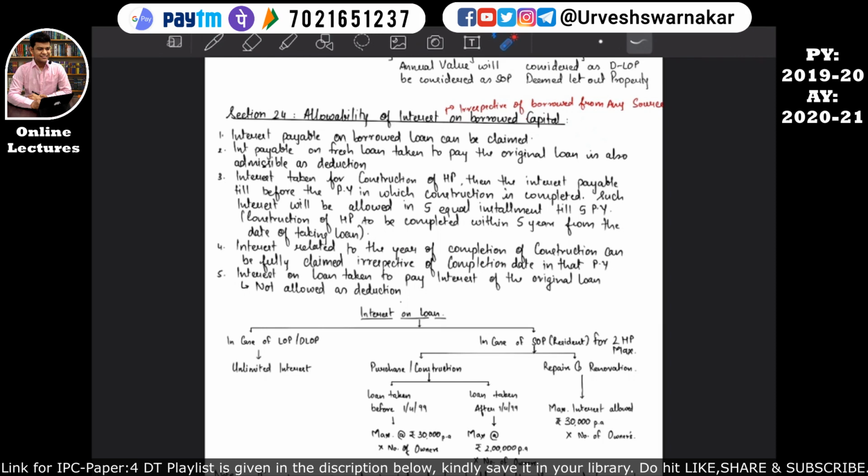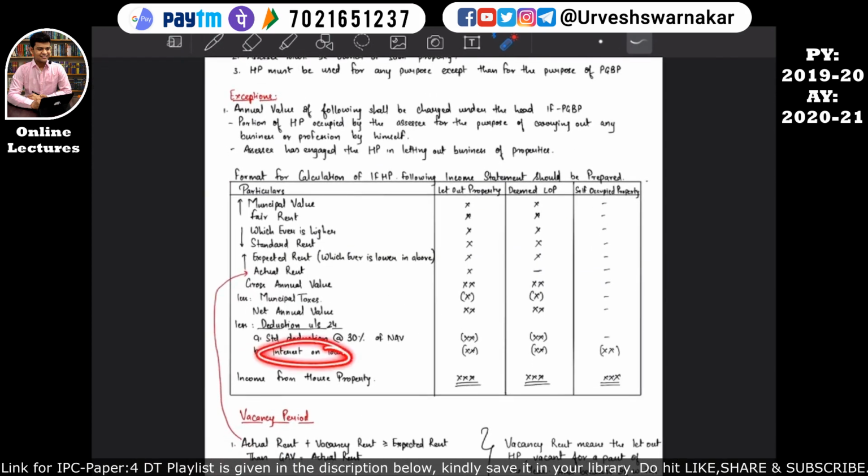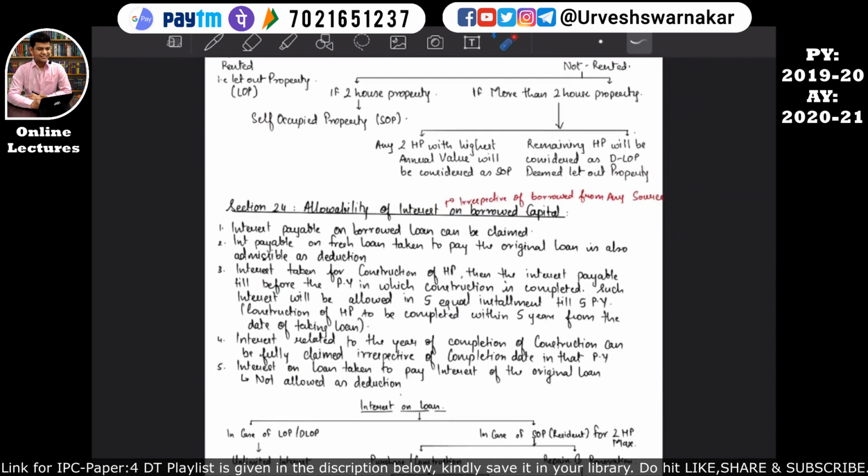Earlier in section 80C, in point R, we studied that if an assessee has purchased a house property on a loan, then the principal repayment of the loan amount will be allowed as deduction under section 80C, and the interest component will be available in the income from house property chapter as deduction under section 24. So that is what we are going to study over here.